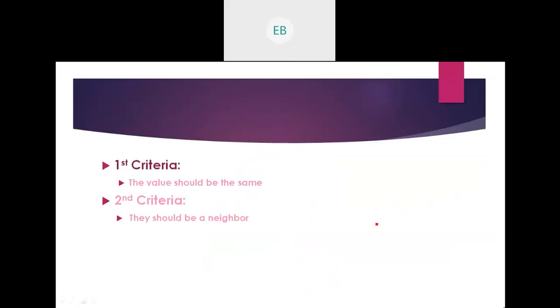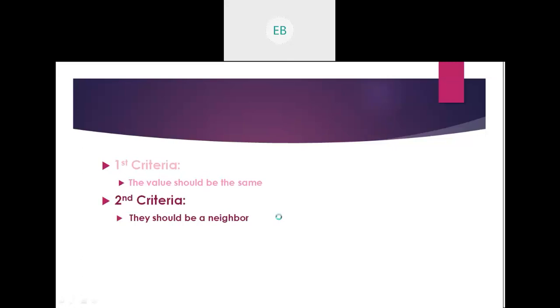The first criterion is, when you are taking a pixel as reference, you have to check whether the horizontal or the vertical neighbors have the same value. That is the first criterion. Remember, okay? The second criterion is that they should definitely be a neighbor.